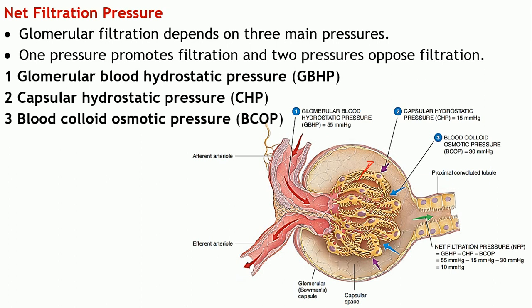What makes it possible for this blood to move out of these capillaries? That's made possible by this net filtration pressure. Now this process of filtration, it will depend upon three main pressures which are exerted at this renal corpuscle at different levels and towards different directions.